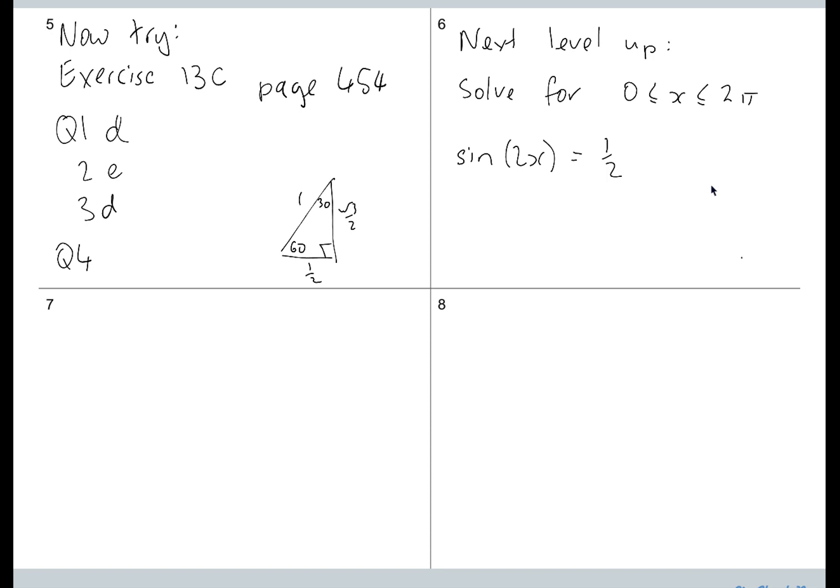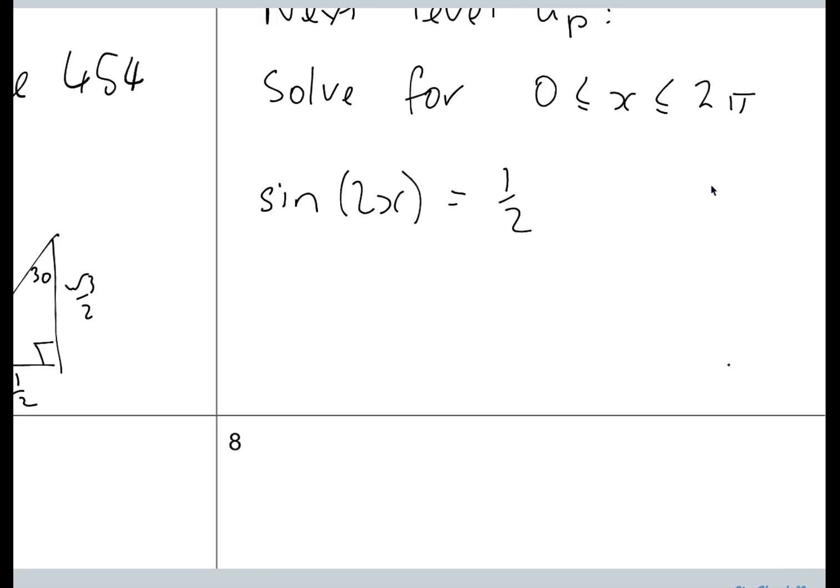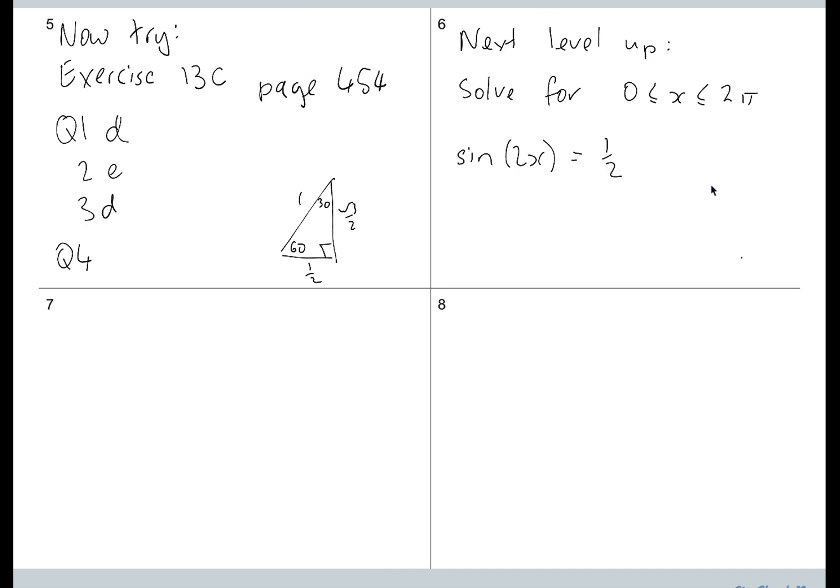What we do is we do a quick sub, and it doesn't matter what variable you use. I tend to use theta if x is in the problem, or x if theta is in the problem. You could use alpha or something else if you wanted to. So I start off by saying, let theta equal 2x.